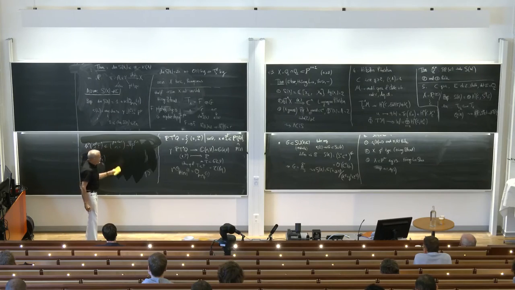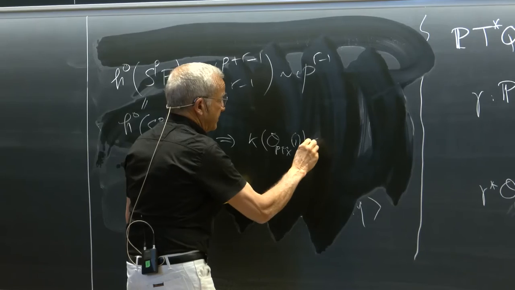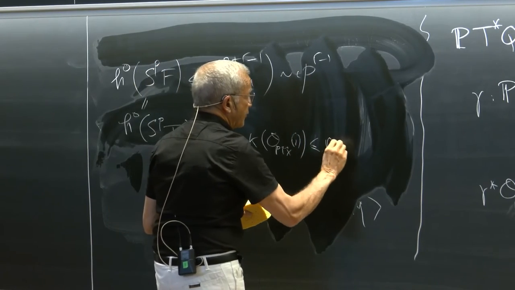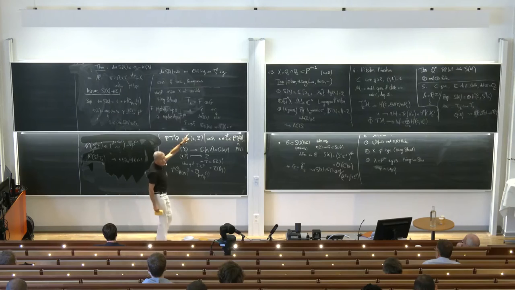And this is enough to show that the Iitaka dimension of O(1) on P(T*_X) is less than this exponent r minus 1. And then this shows the inequality here.